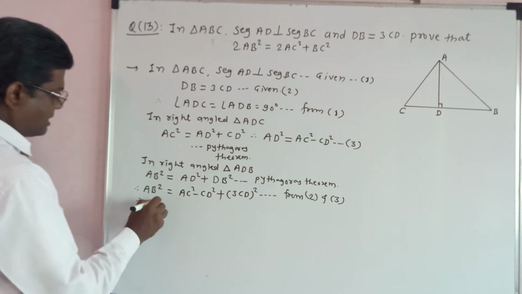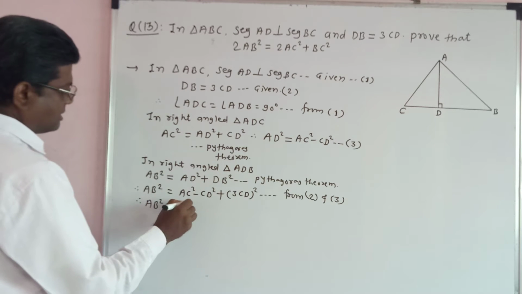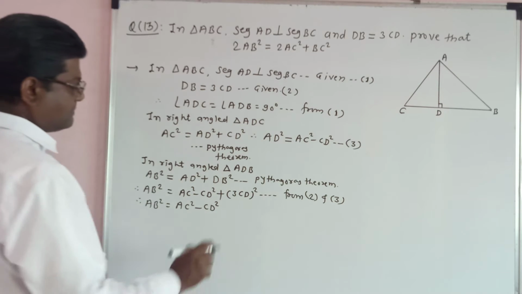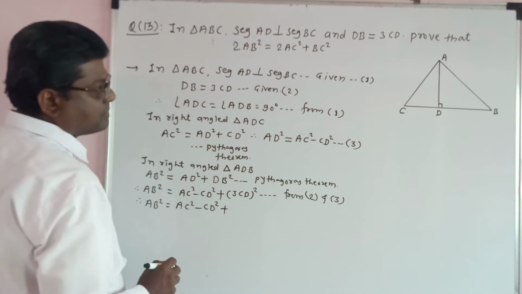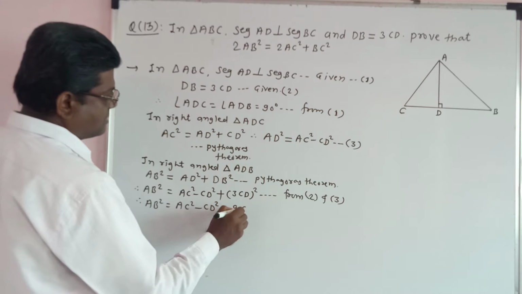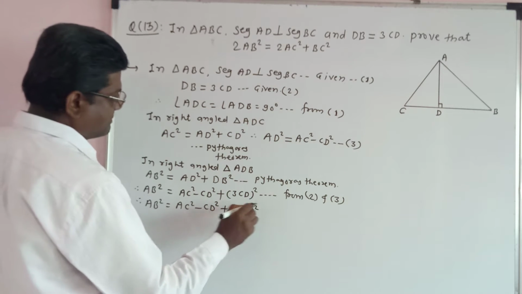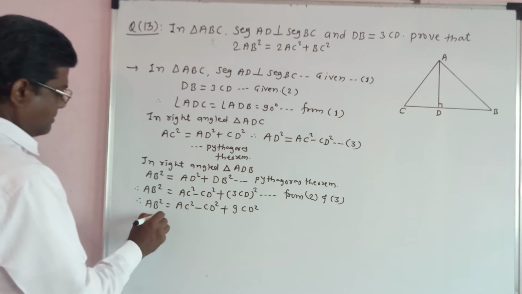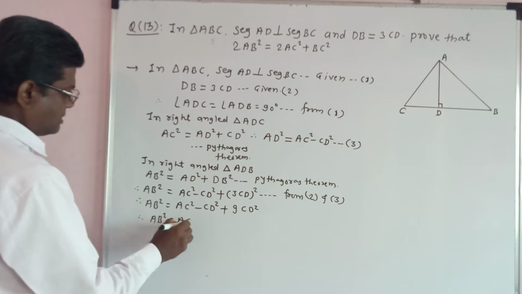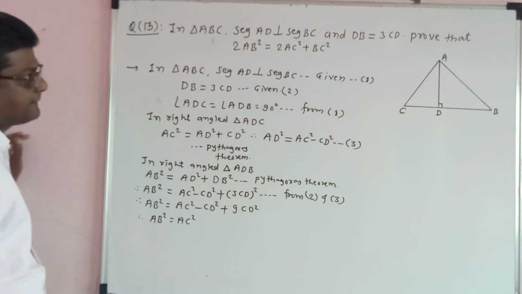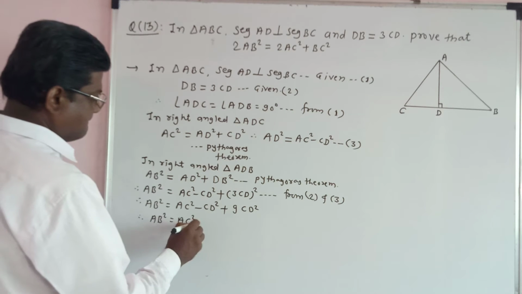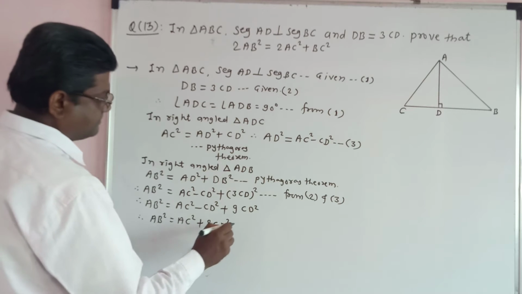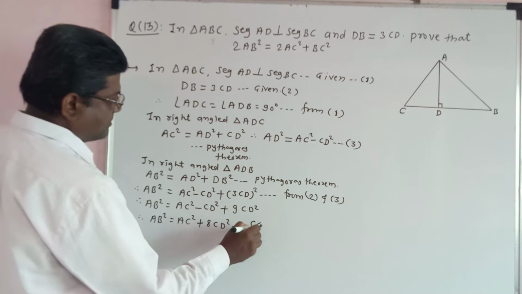Therefore AB square is equal to AC square minus CD square plus 9CD square. Therefore AB square is equal to AC square plus 8CD square. This is equation number 4.